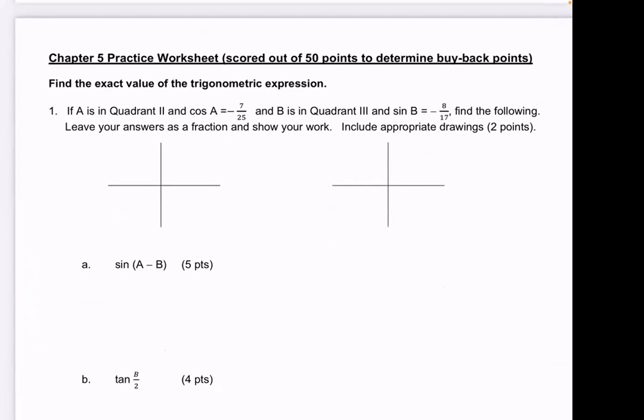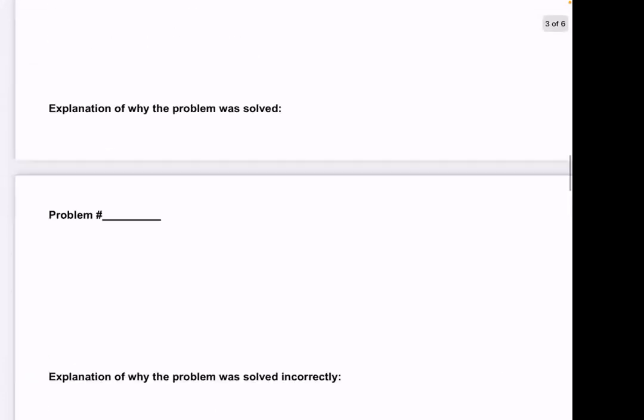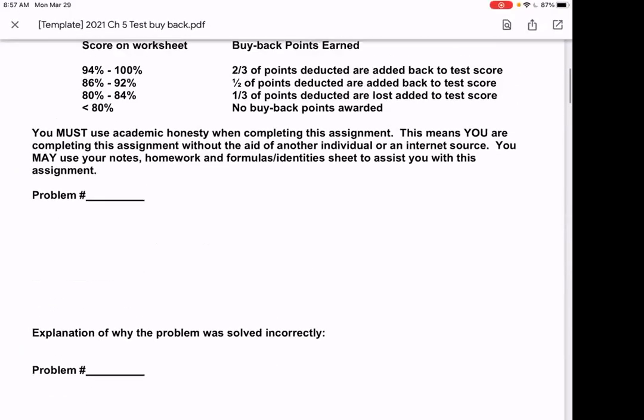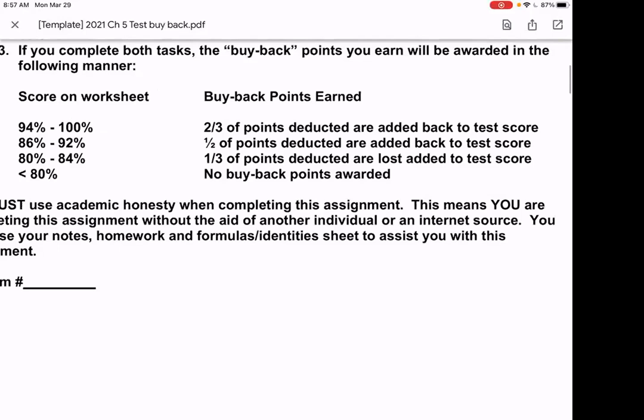I'm scoring this out of 50 points. Depending on the score you receive on the buyback, that determines how many buyback points you earn toward your test. If you complete that worksheet and get a 94 to 100% on it, I will add 2/3 of the points deducted back to your Chapter 5 test.